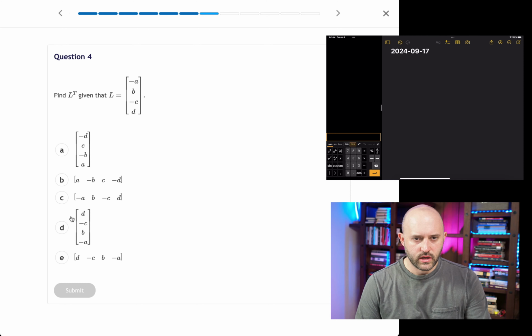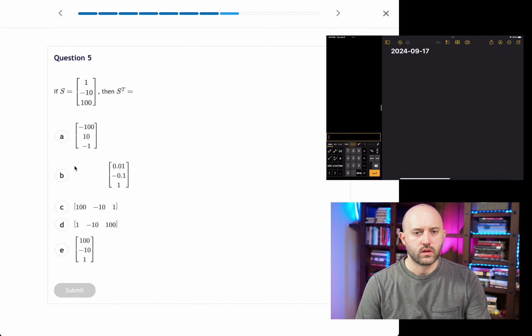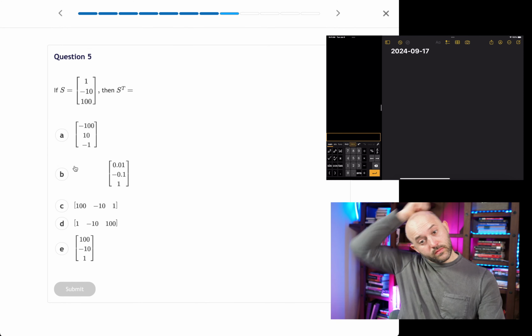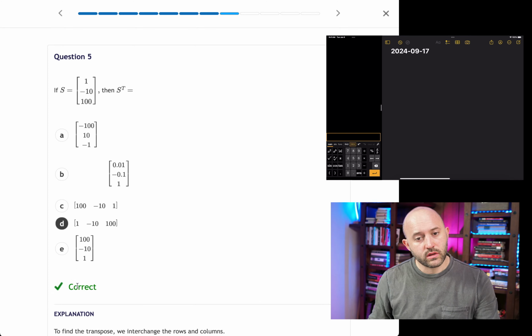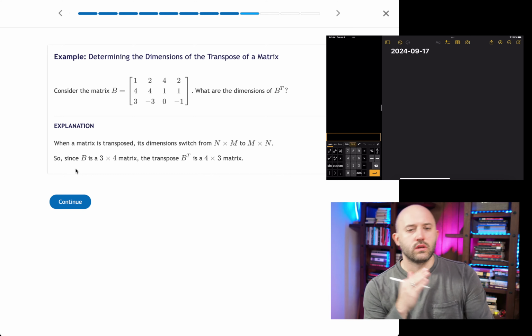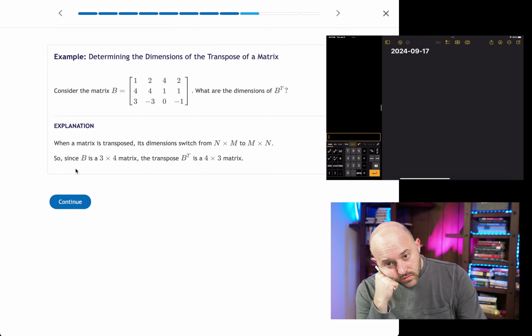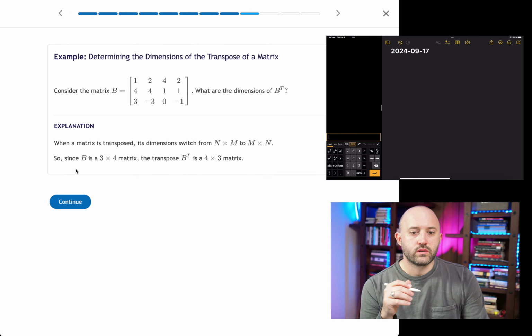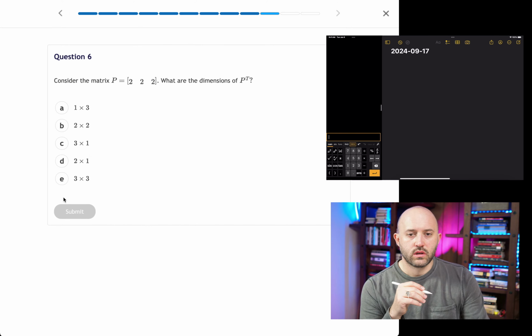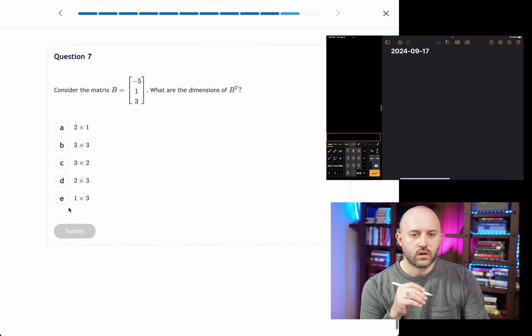The transpose of negative A, B, minus C, D is just the same order: minus A, B, minus C, D. Oh boy. 1, negative 10, 100. Okay, so this is a 3 by 4, so it goes to 4 by 3. Yes. 1 by 3, so it goes to 3 by 1. Again, 3 by 1 goes to 1 by 3.